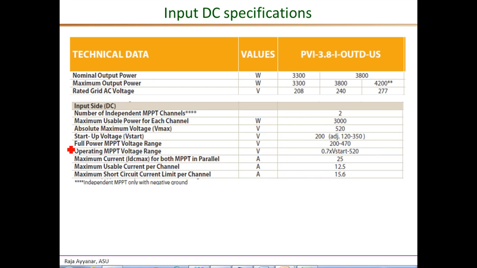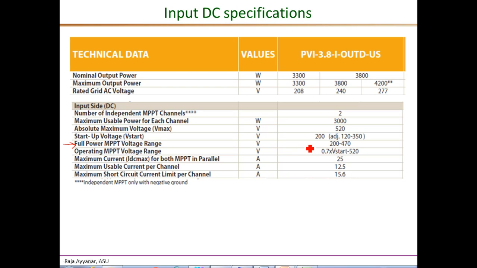Okay, then we have what is known as the full power MPPT voltage range, which for this inverter is 200 volts to 470 volts. Note the more than 1:2 variation in this voltage range. Now, before that, we know that different makes of PV panels have widely different characteristics in terms of their short circuit current, open circuit voltage, maximum power point voltage, maximum power point current, and so on.